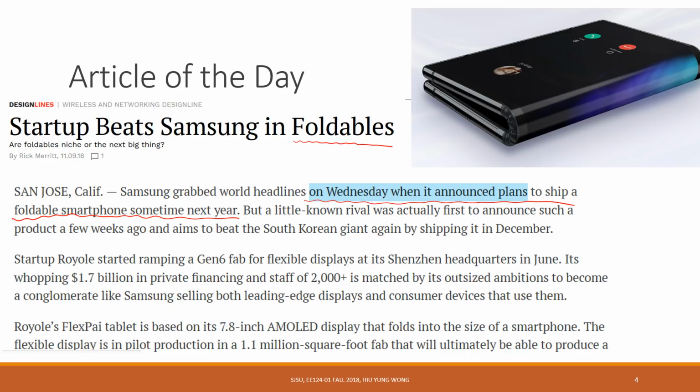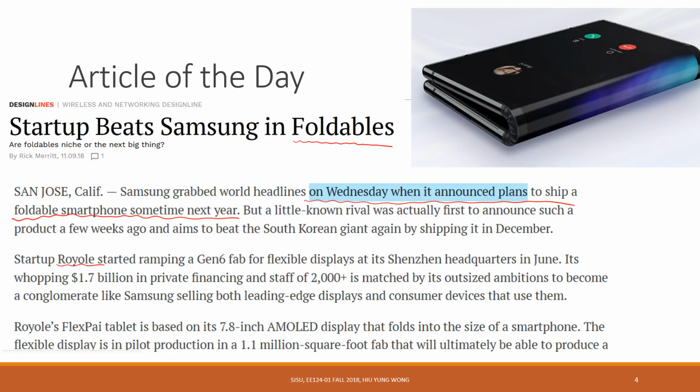But at the same time, there is a startup called Royole that started doing similar things, and they announced a few weeks before Samsung that they are going to ship this. It is expected that they are going to supply this to many Chinese cell phone makers.